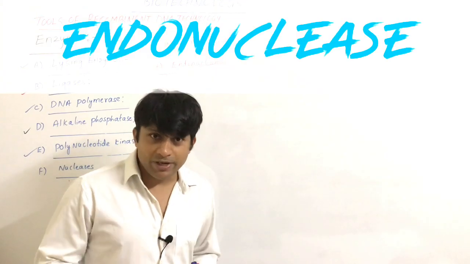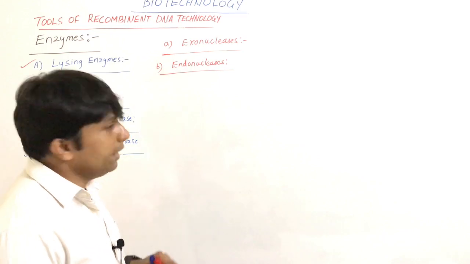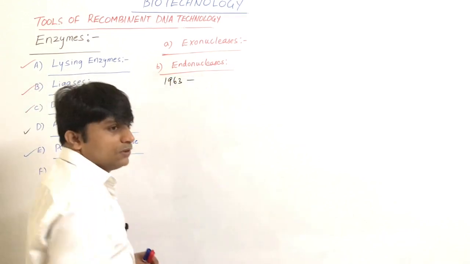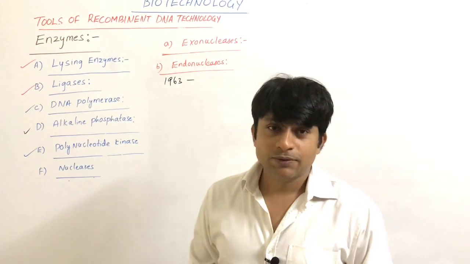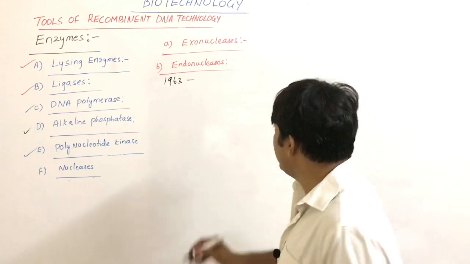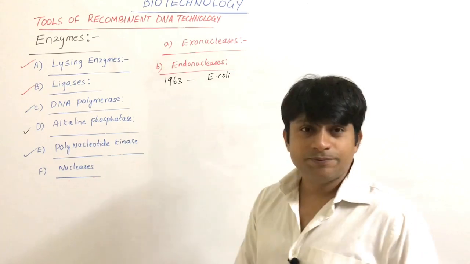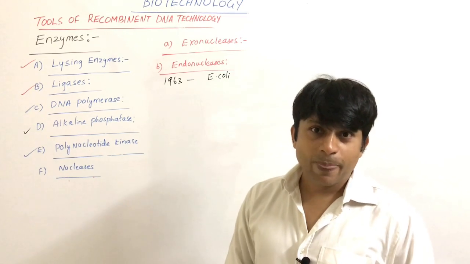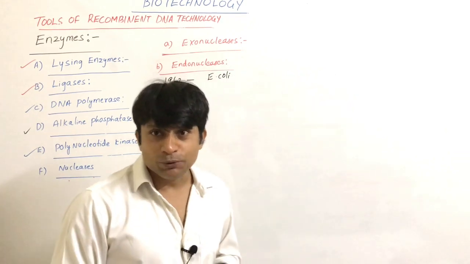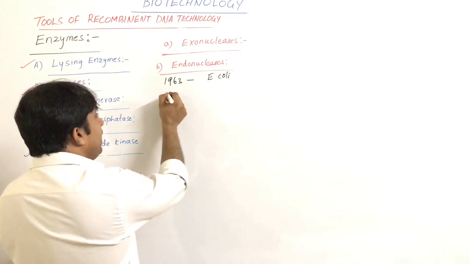Endonucleases are the second type of nucleases. In the year 1963, two enzymes which restricted the growth of bacteriophage in E. coli were isolated. Among these two enzymes, one of the enzymes added a methyl group to the DNA, while the other cleaved the DNA.